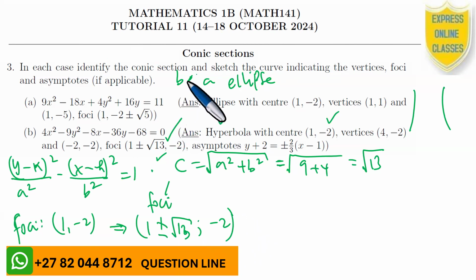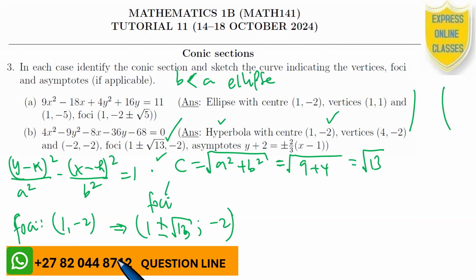Okay, we continue. So we move on. Okay, we've got everything, except the asymptotes.